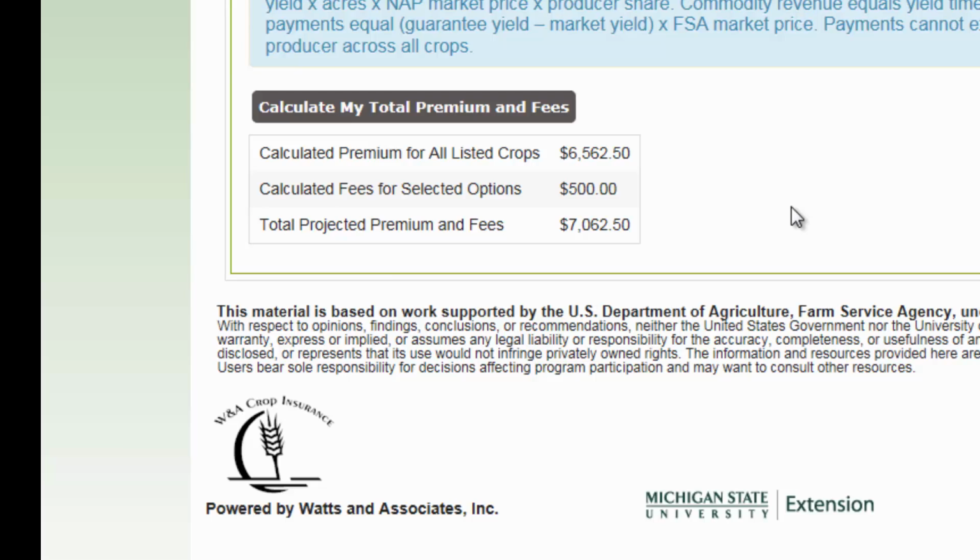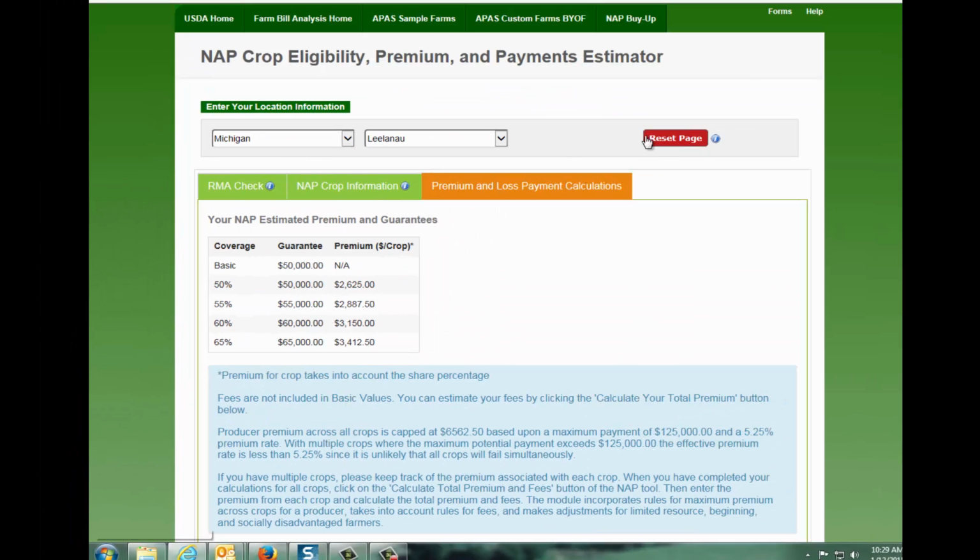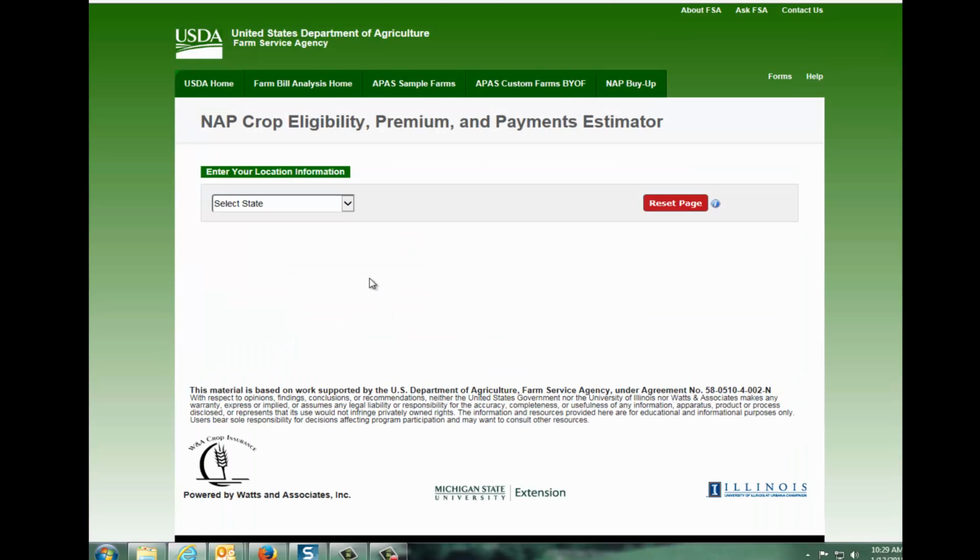At this point, we've been through a couple of examples of this. If we reset the page and go back to the beginning, just so we know where we start, the tool really is an excellent estimator to help you make your decision on perhaps whether you want to use NAP at all, which level of insurance you may want to choose. And you can probably come pretty close to a decision on whether this is something you want to do.